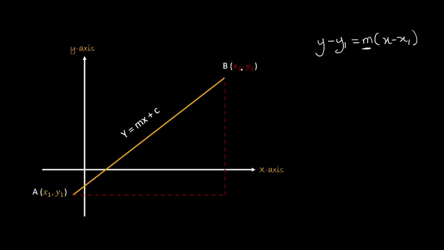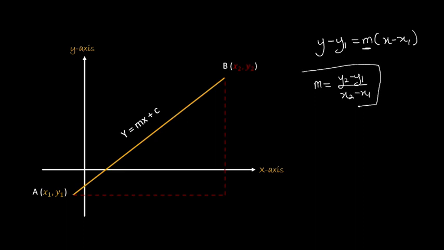So the first thing we do when we have a straight line having 2 points to find its equation, the first thing we need to do is to calculate the gradient of the line, which can be found by subtracting y2 minus y1 over x2 minus x1.